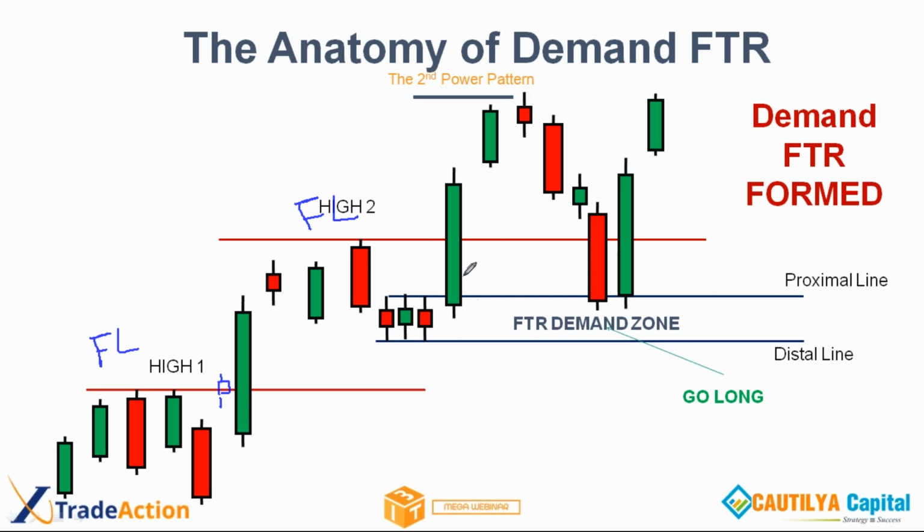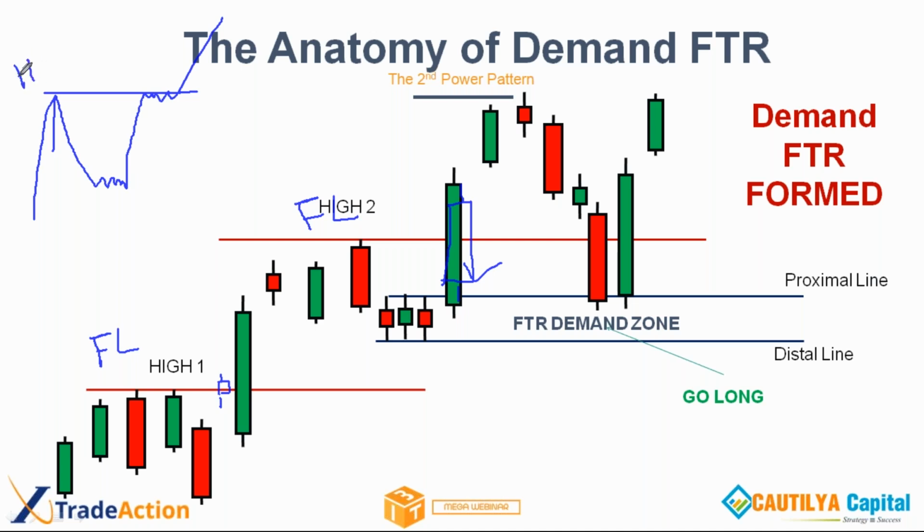It is an FTR because all that matters is the momentum. Let's say I mark it here. Okay, H2 is here, friends. Price formed a high, it went up. Okay, H2, and it comes down and forms a base, and then it went up.